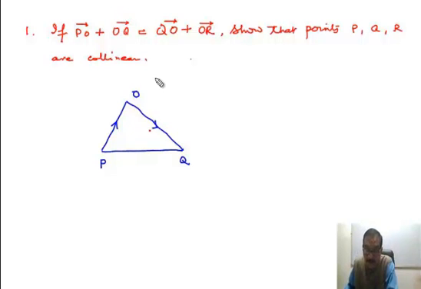Now, by triangle law, we can say that since these two sides are representing two consecutive vectors, the sum will be PQ vector. So, we can say that PO vector plus OQ vector is equal to PQ vector by triangle law.